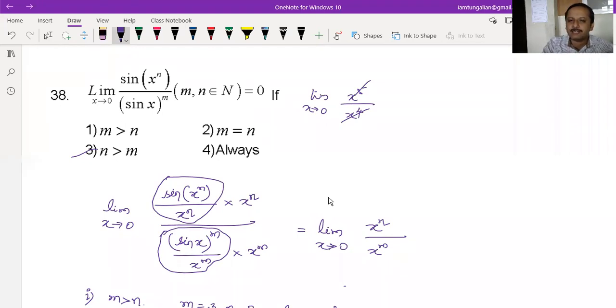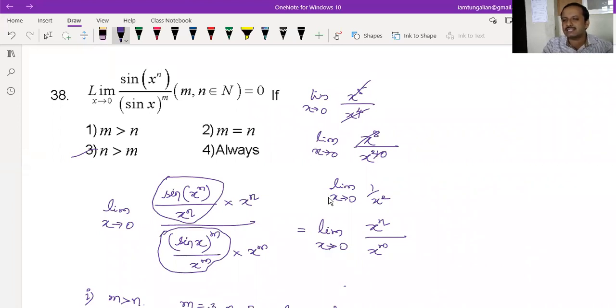But if you reverse it, let us say the numerator is x power 8, denominator is x power 10, then what happens? x power 8 gets cancelled. Here x square will remain in the denominator. Then you are talking about the limit x tends to 0, 1 by x square. This will tend to infinity. But we want 0 as the answer. We want 0 as the answer means the numerator should have a larger power.